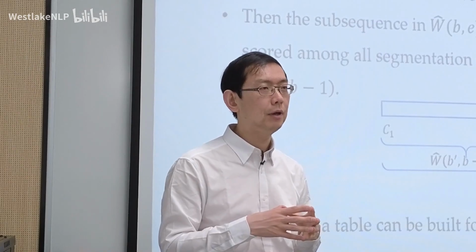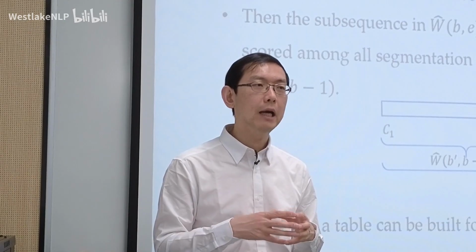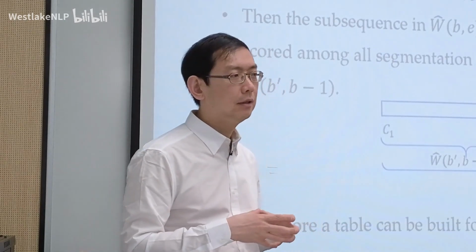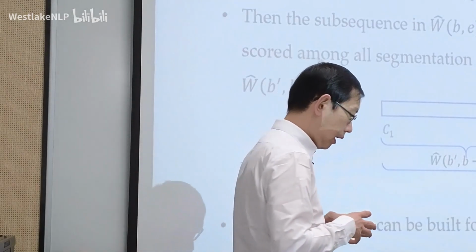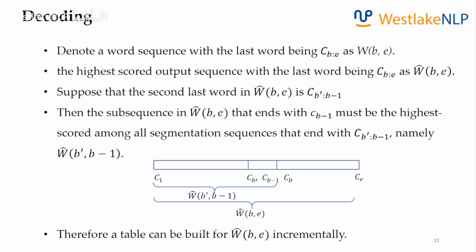Then how do we solve the problem? Oh, we had some experience last week and the week before last. Because our model can be factored, or because our features can be factored, we could think about using dynamic programs to solve the problem.